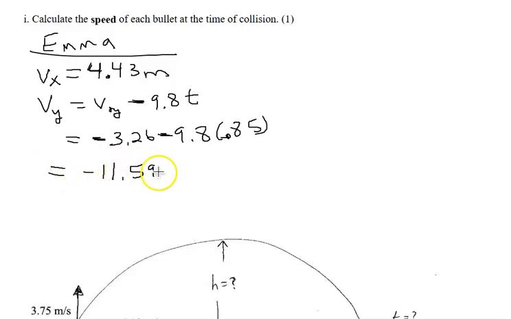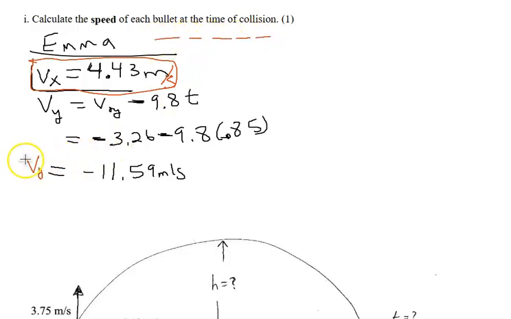Minus 11.59. So we have, oops, that's meters per second. Her bullet is going over at that rate. And right when they collide, not when it hits the ground, but when they collide, it's going down at that rate.